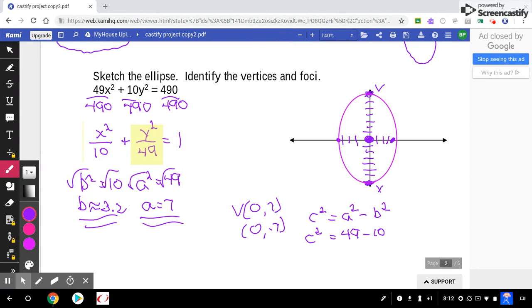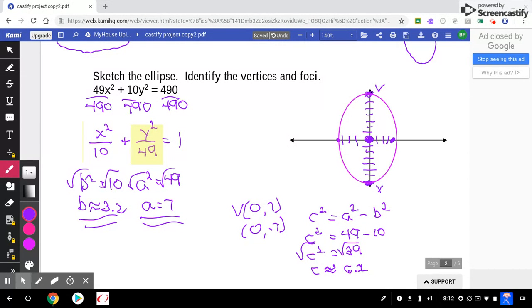So if I subtract those, c squared equals 39. Square root both sides, find out what the length of c is. And the square root of 39 is approximately 6.2.